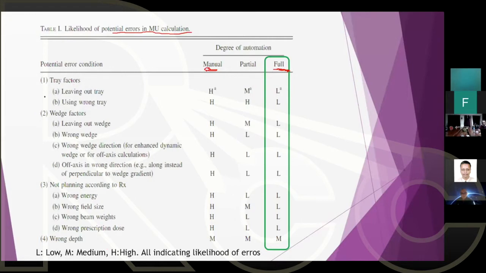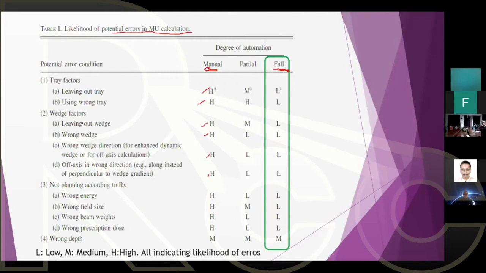And as expected, at least from 1, 2, 3, and 4, if you're doing manual calculation, you are more likely to have errors in MU calculation. Right? There should be a tray in the plan, but you forgot to include it in your manual calculation. Okay? There is a wedge in the plan.